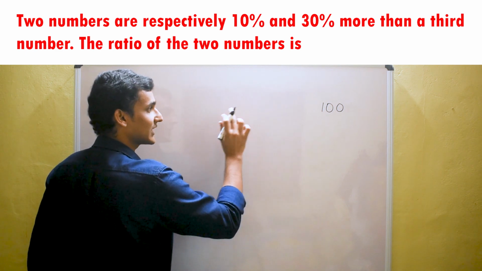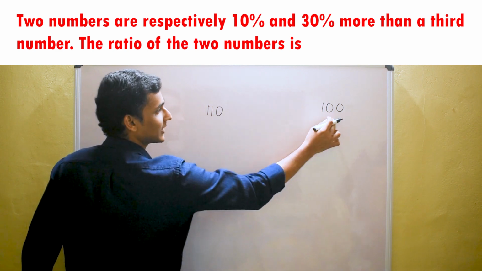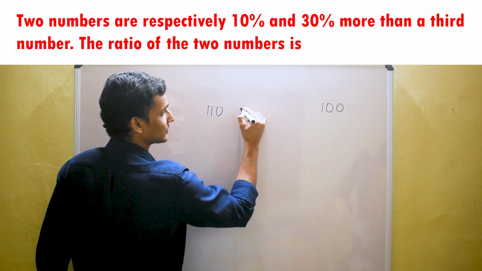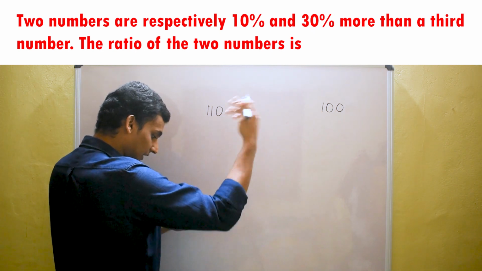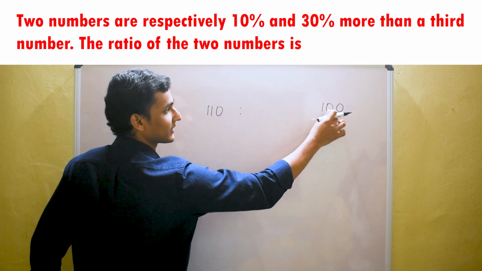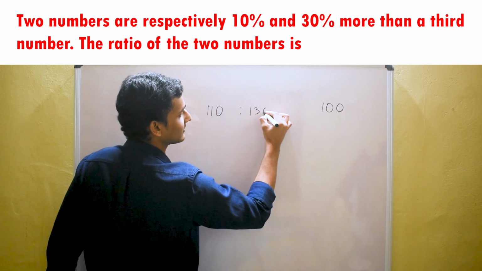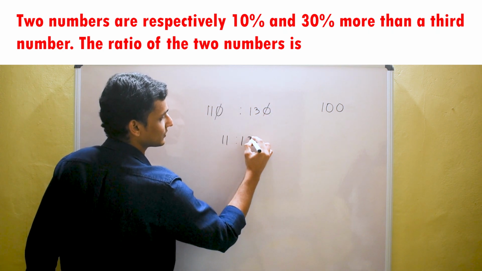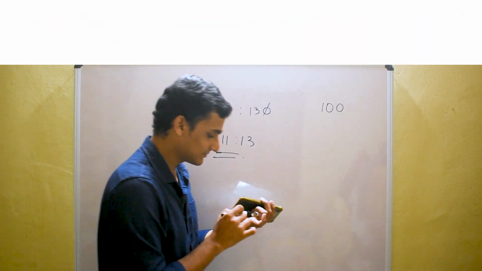The first number is 10% more than the third number, that is 100 plus 10, 110. The second number is 30% more than the third number, 100 plus 30, 130. Now, the ratio is 11:13. That's all.